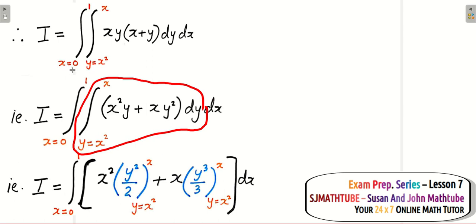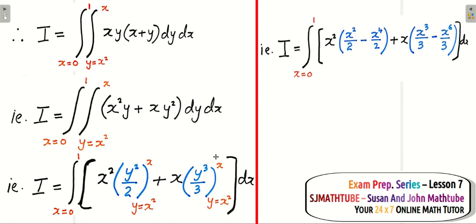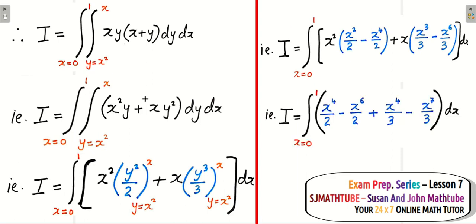So I hope you remember integral y power 1 is y square by 2, and that is how we got this y square by 2. Similarly y cube by 3, and you can put the upper limit and lower limit, and then apply a little bit of distributive property.